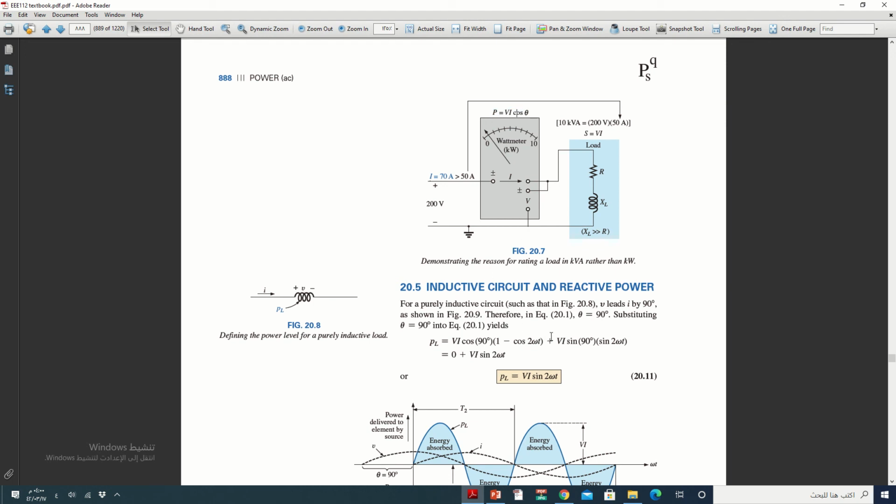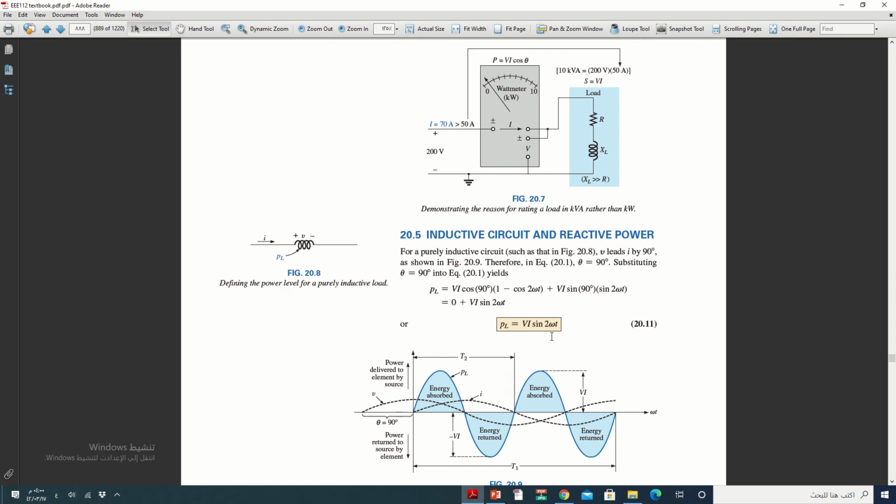Now we'll talk about the inductive circuit. If we have a pure inductive circuit, this power, called reactive power, will appear when we have an inductive or capacitive circuit. For the waveform, the instantaneous power is V multiplied by I sine 2 omega t.